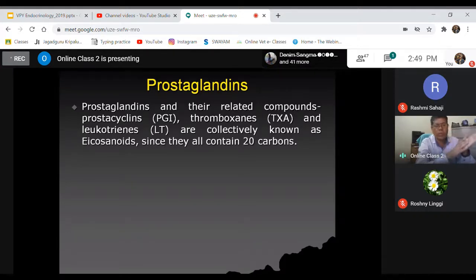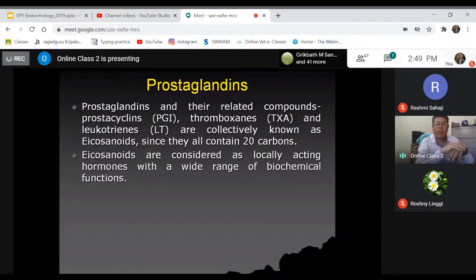So what do the eicosanoids include? Eicosanoids include the prostaglandins and related compounds like the prostacyclins, thromboxanes, and the leukotrienes. They are considered locally acting hormones, which have their effect in the cell itself or its neighboring cell, with a wide range of biochemical functions.